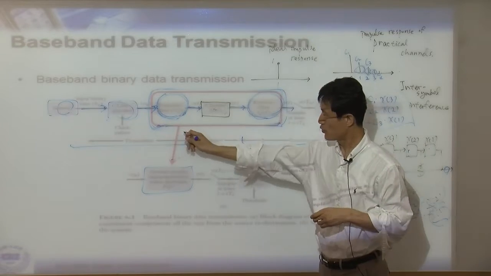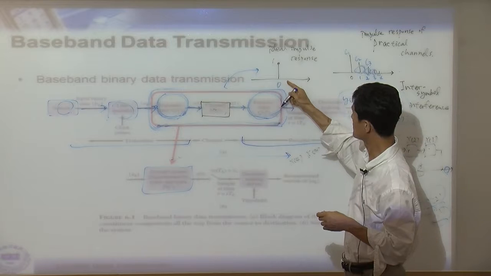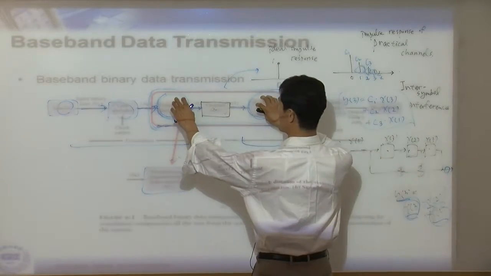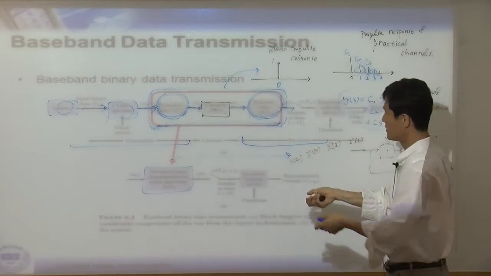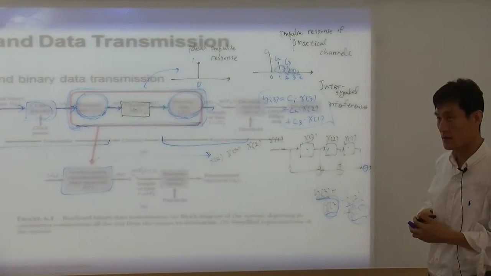Our goal is to make this red box have this impulse response, because this is the ideal impulse response. We want to make this whole block look like this. The channel actually looks like this, but when we put these special things together, we want to make this. Does it make sense? That's our goal.